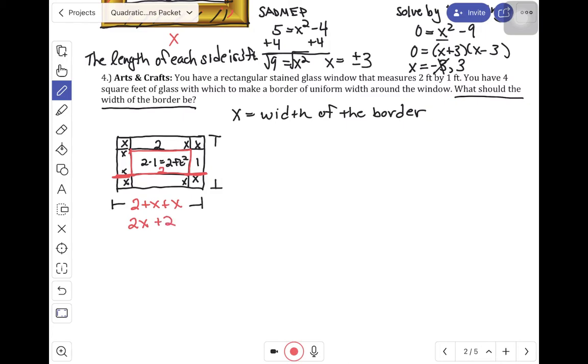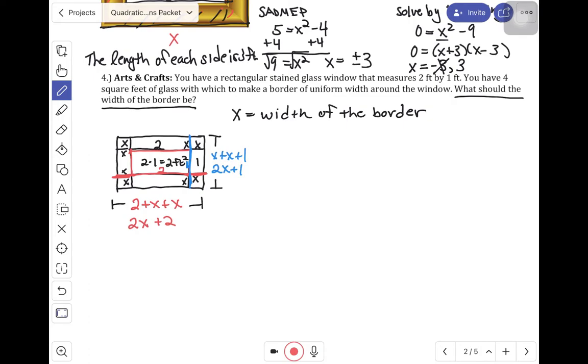Okay, then we can look at the new height of our window. So originally this was just 1 foot tall, but I had to add an x onto the top and an x onto the bottom. So this new height might be x plus 1 plus x, but no Algebra 2 kid is going to leave that. Combine your like terms, we have 2x plus 1. So your new length is 2x plus 2.